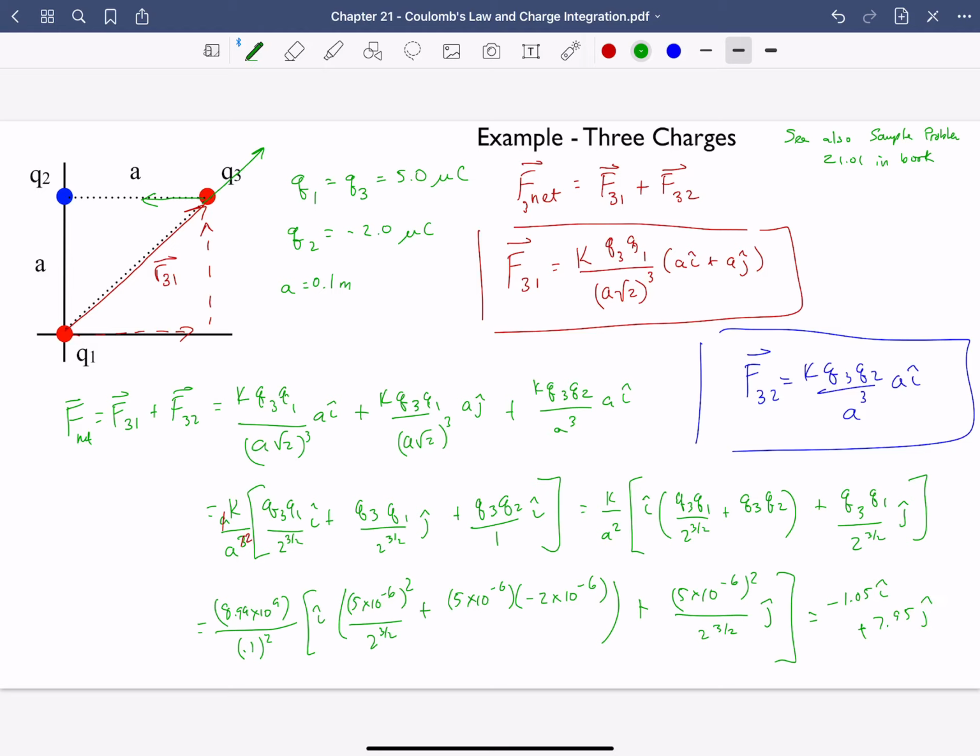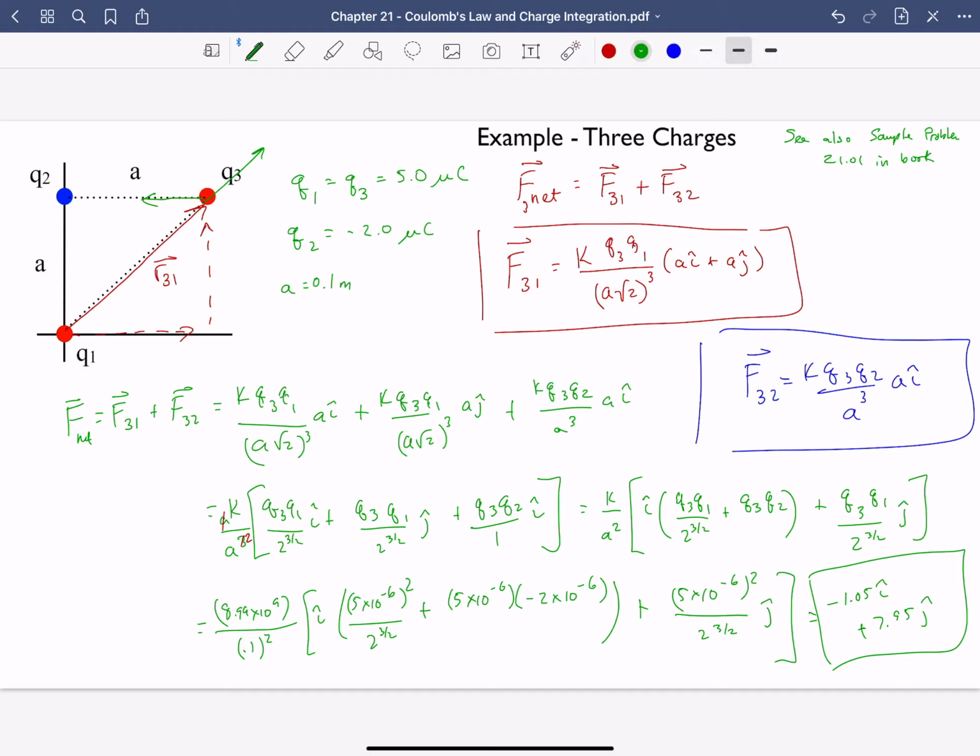All right, what is this telling us right here? Well, it's telling us that the net force on charge 3 is pointed in the negative x, positive y direction. Does that make sense? Well, let's take a look at it.